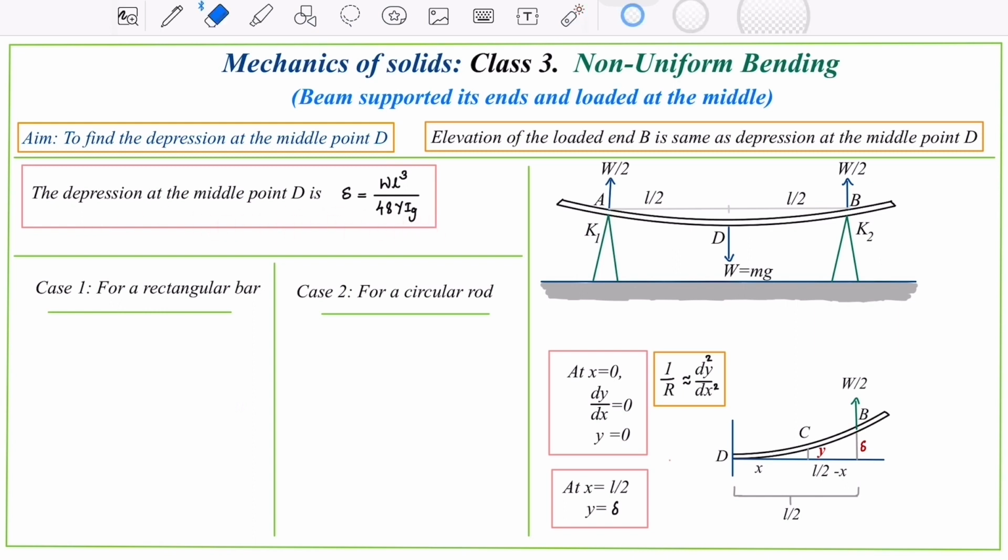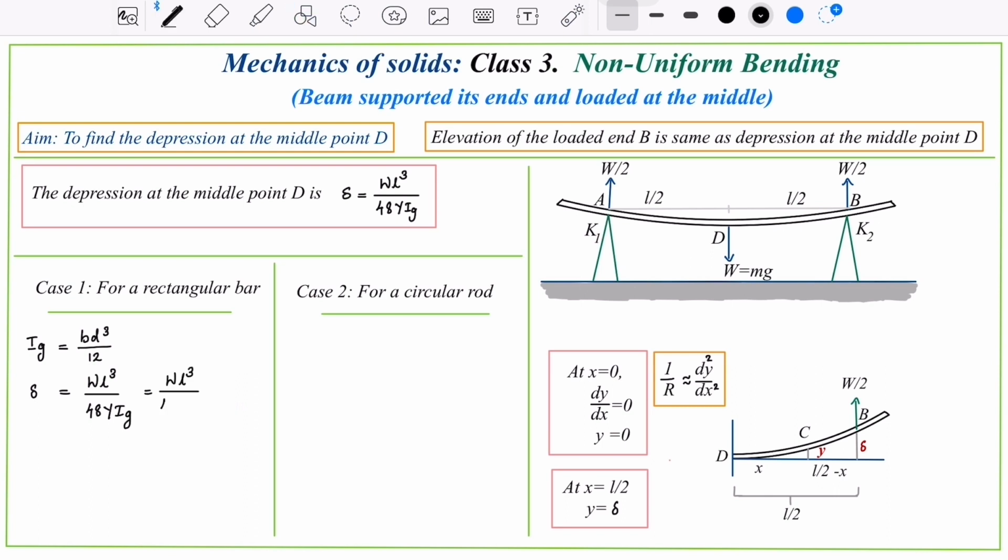Now consider two cases, for a rectangular bar and for a circular rod. For a rectangular bar, we know that the geometric moment of inertia Ig is equal to BD cube by 12. Here, the breadth of the bar is B and the depth of the bar is D. Now the depression at the middle point is WL cube divided by 48 YIg. What is the geometric moment of inertia?